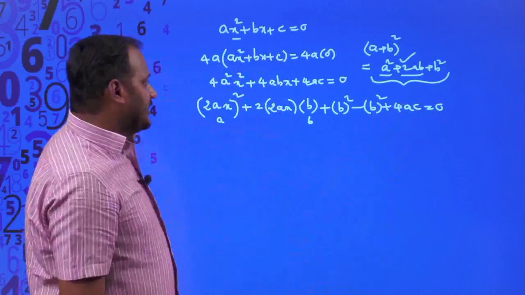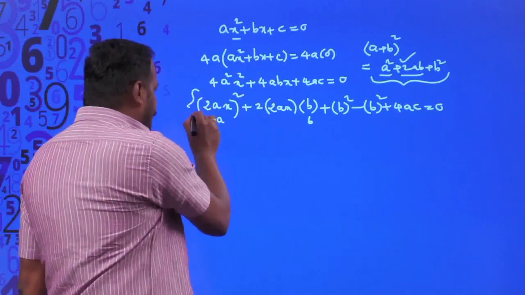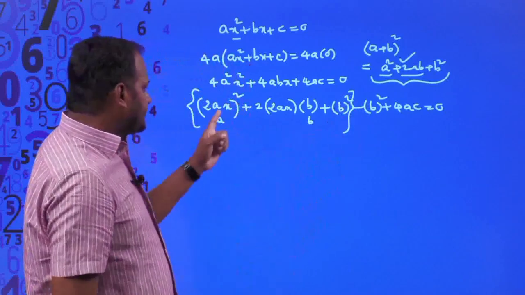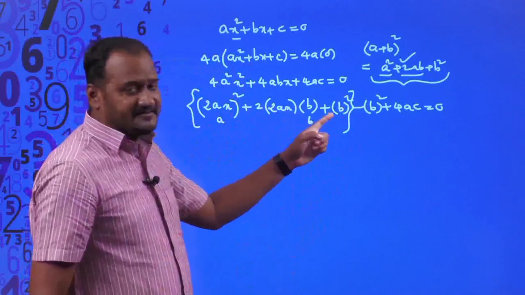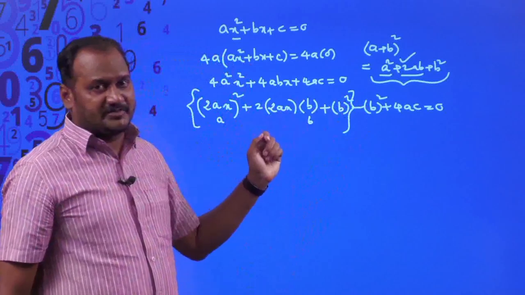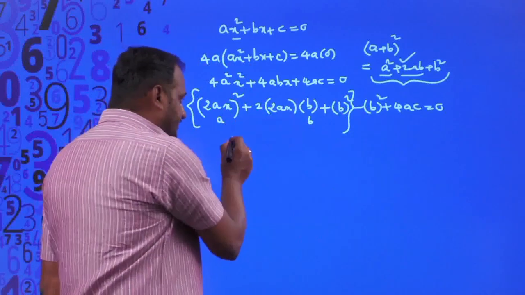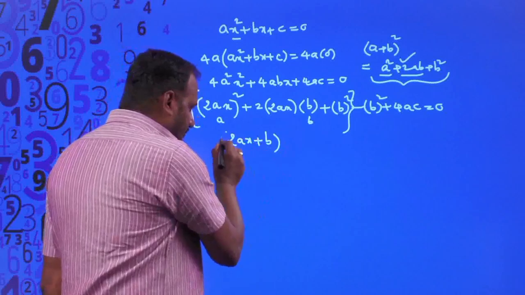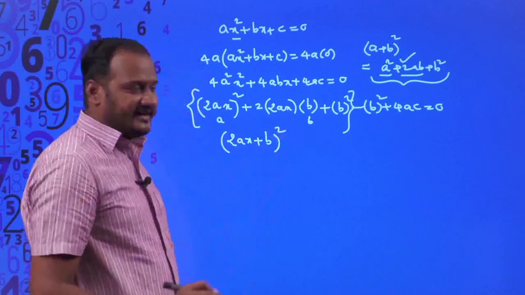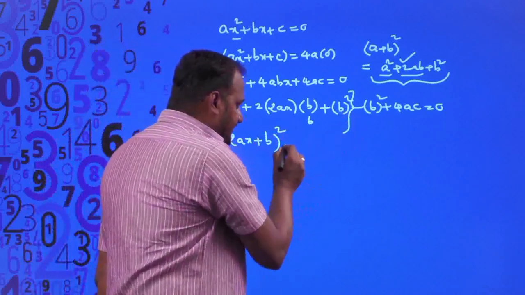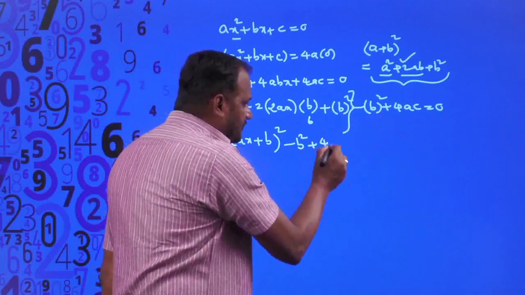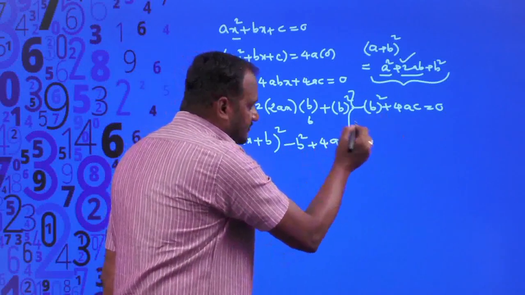Right. Now if you observe from here to here, it is in the form of a square plus 2ab plus b square. So a square plus 2ab plus b square is going to be a plus b whole square, and then the other terms are minus b square and plus 4ac is equal to 0.